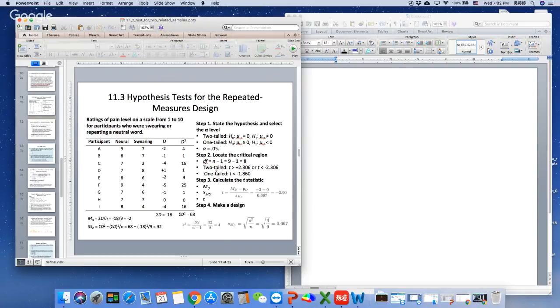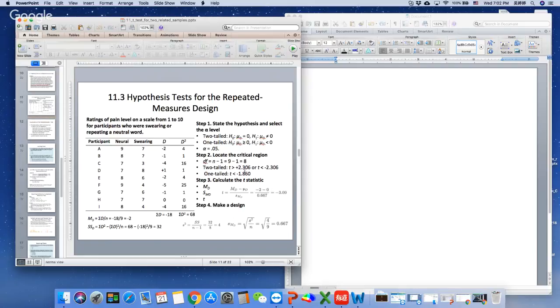Then we compute the t value using this formula, following the previous steps: compute the MD, and then the SMD. We compute SSD first, then the SD, and then the SMD. After we know MD and SMD, we can get the t value, which is -3.